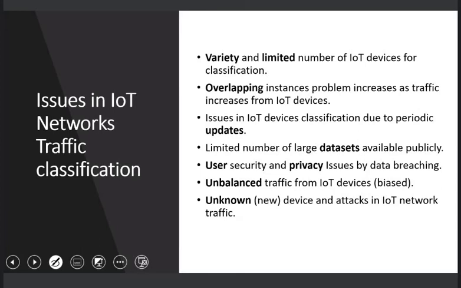Next, we have a limited database, a limited data set. We don't have much data, so it is hard to make a reliable machine learning or deep learning model that helps us predict the device and predict the attack.